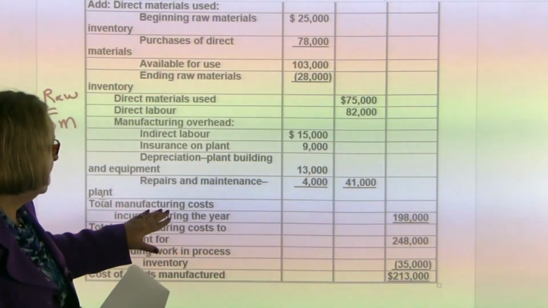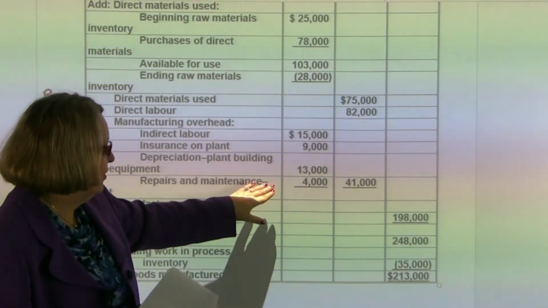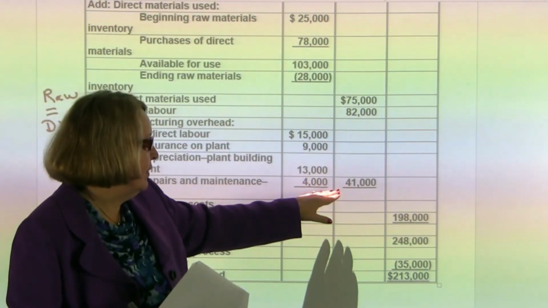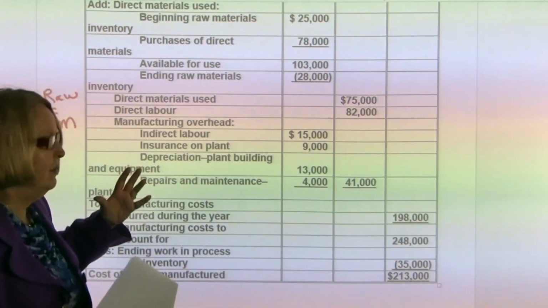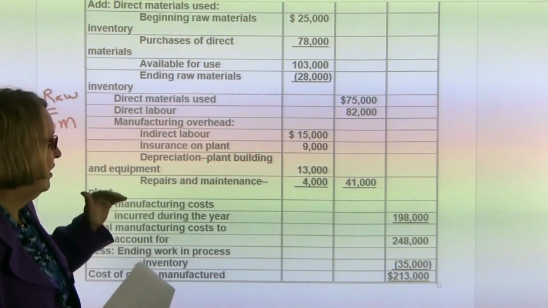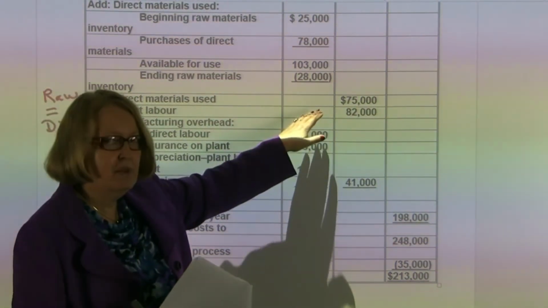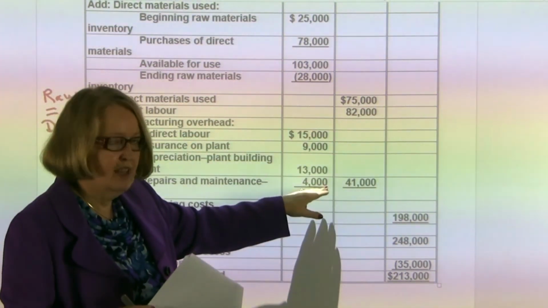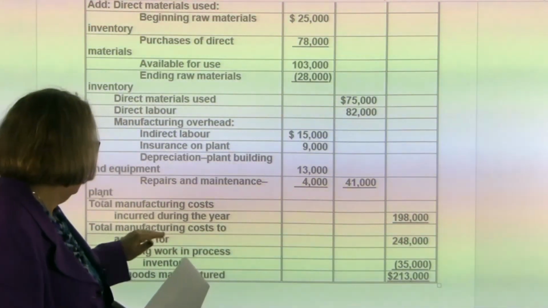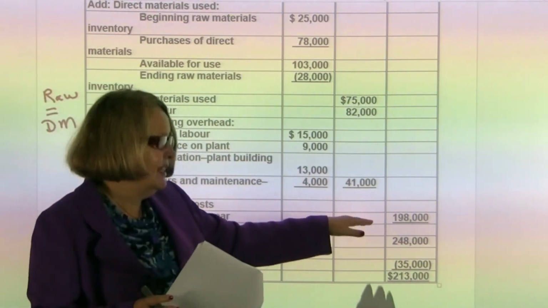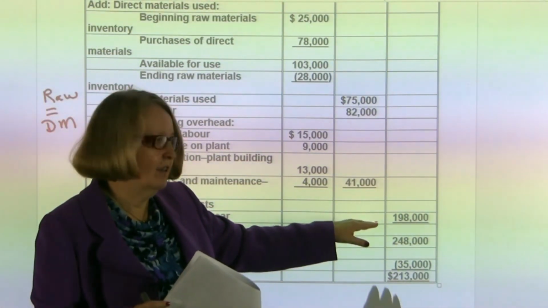So in this particular instance, we have the four categories of manufacturing overhead, and they add up to 41,000. So you have three components in your cost of goods manufactured. You have the cost of your raw materials or direct materials you've used, the direct labor that you've incurred, plus the overhead. So together, the total manufacturing costs incurred for the year is $198,000.